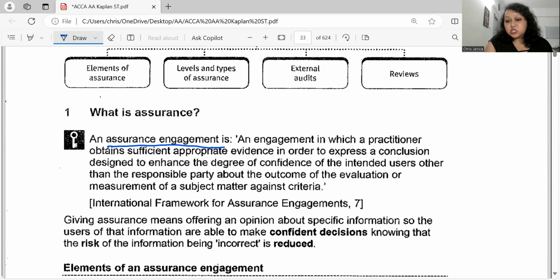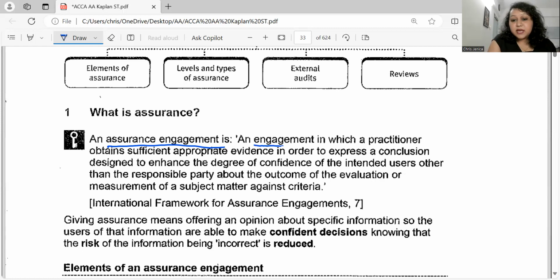An engagement in which a practitioner obtains sufficient appropriate evidence in order to express a conclusion designed to enhance the degree of confidence of the intended users other than the responsible party about the outcome of the evaluation or measurement of a subject matter against criteria. You don't have to memorize this, but we are going to break up this definition and understand word by word what they are actually conveying.